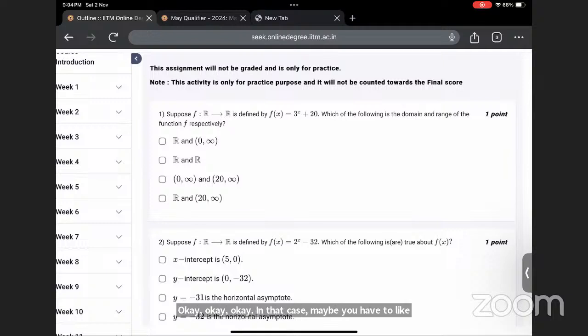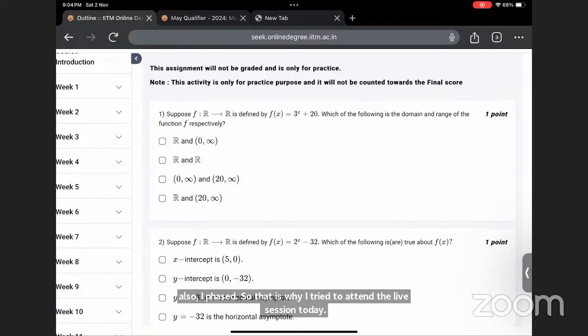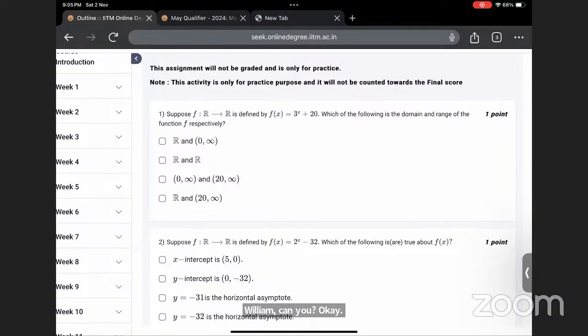I will talk about it, because the instructor, in that Excel sheet also it is not updated, ma'am. So you are facing a problem for the last 2 weeks? Yes, ma'am. Similarly, for the previous week also I faced it. That is why I tried to attend the live session today. Okay, I will tell Bishal to update the access. Then you can join. Okay, ma'am. Thank you, ma'am.